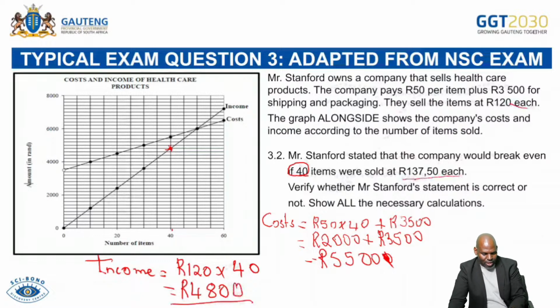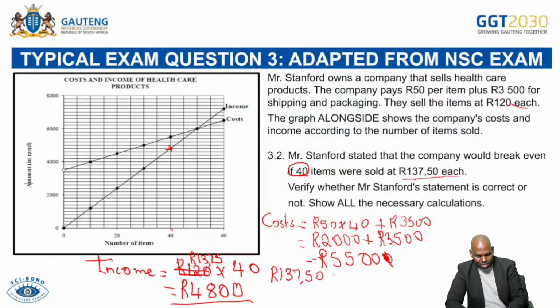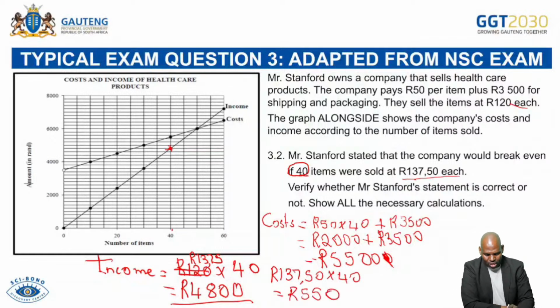It must give me exactly 5,500. So this one I don't use 120. 137 Rand and 50 cents multiplied by 40 equals 5,500. Now I can see that the cost is 5,500 and the income is 5,500.